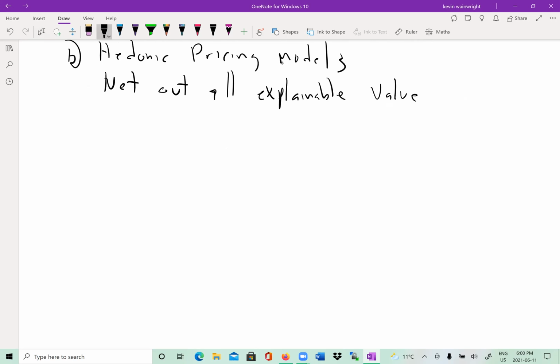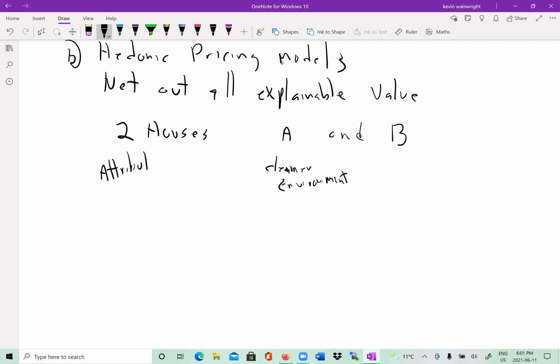So we have two houses, A and B. And house A is in a cleaner environment. And we want to know how much people value the cleaner environment. So we've got these two houses. So we look at the attributes of the two houses.